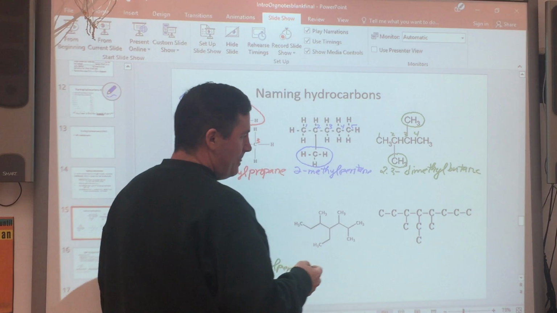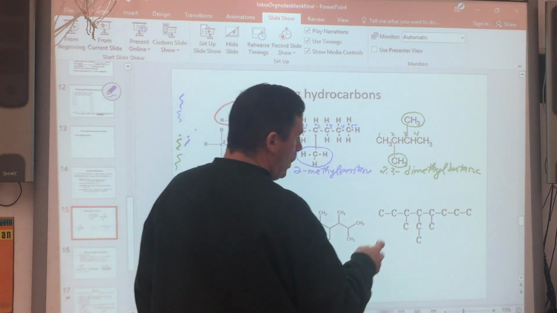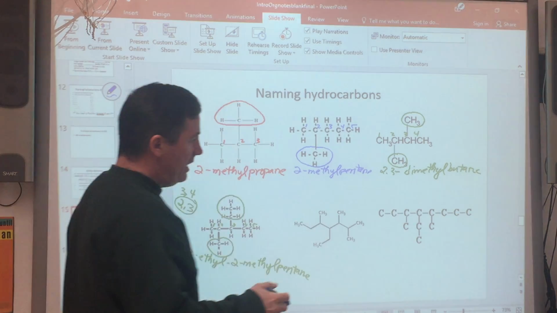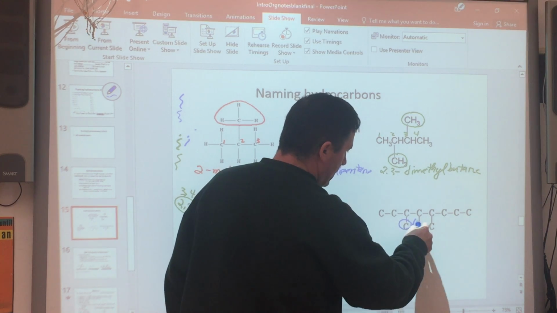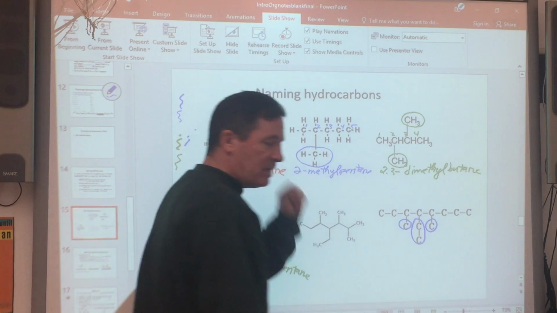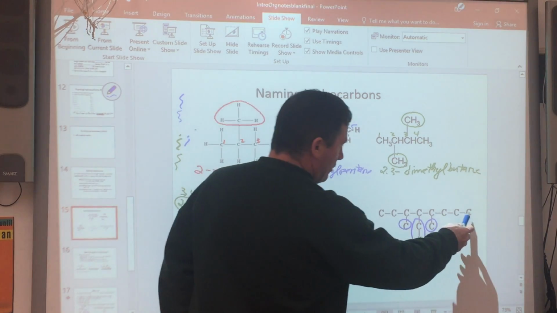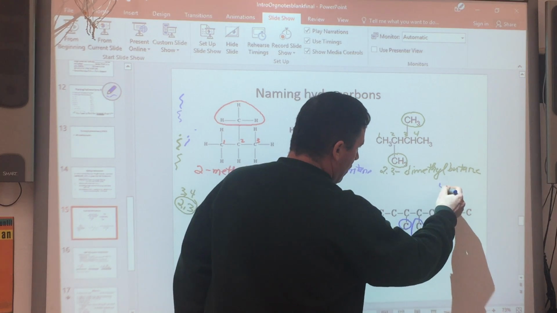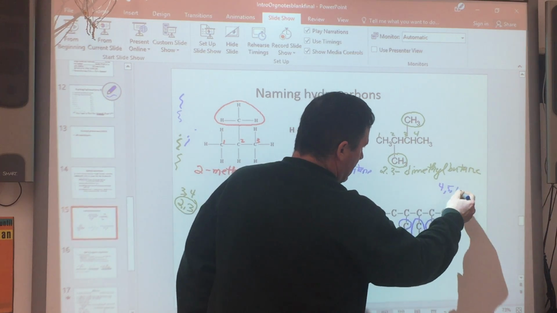Okay. Now, if I use this as my longest chain, what will be the lowest combination of substituents? I've got 3 substituents. Here's a methyl, here's an ethyl, and here's a methyl. So, if I started on the right, it would be a combination of 4, 5, 6.